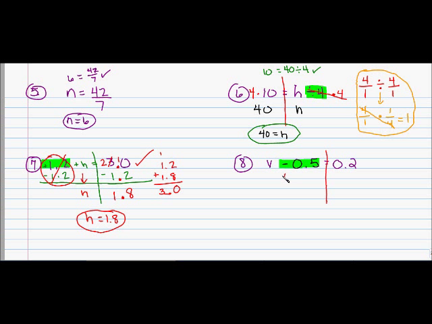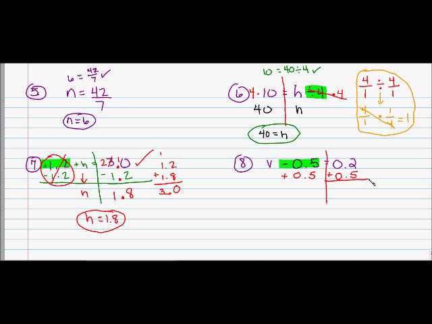It's a positive 5/10. And the more you use your vocabulary, the easier it will get. So try not to say 0.5, okay? If I add 5/10 to one side, I have to add 5/10 to the other side.